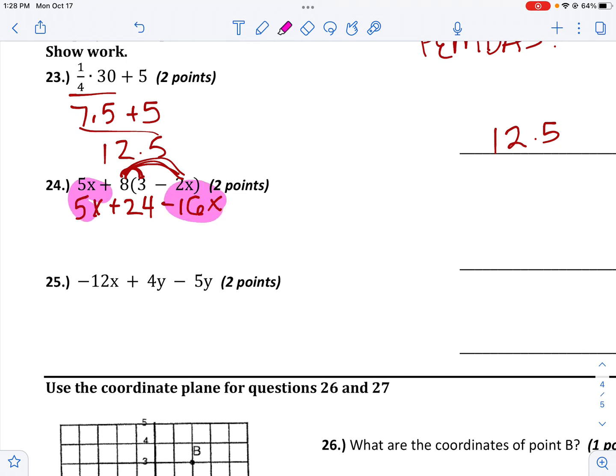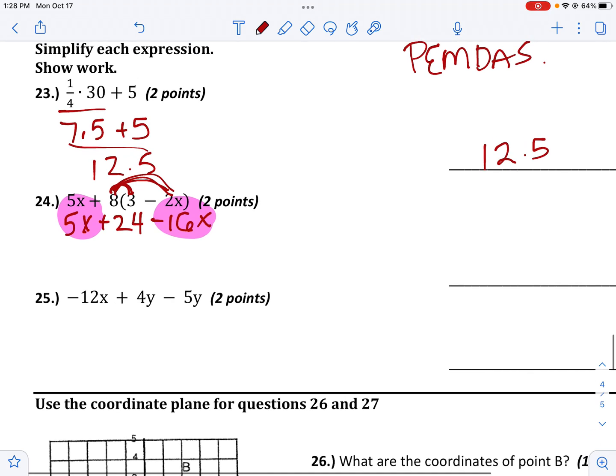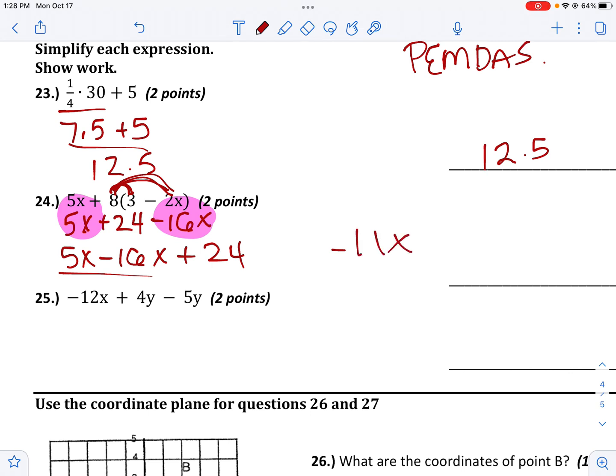So these are my like terms. So I could have 5x minus 16x plus 24. When I do that math, when I do 5 minus 16 in the calculator, I should get negative 11x plus 24. That's my answer.